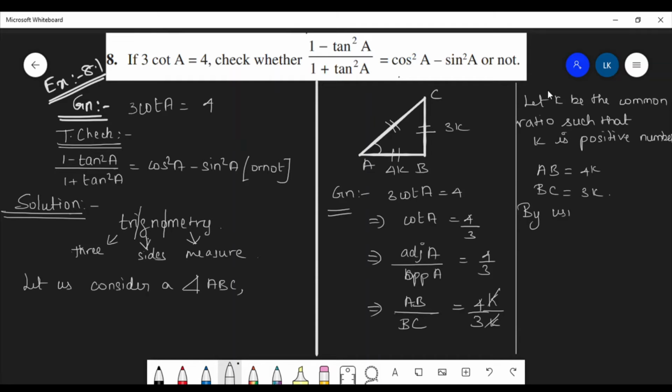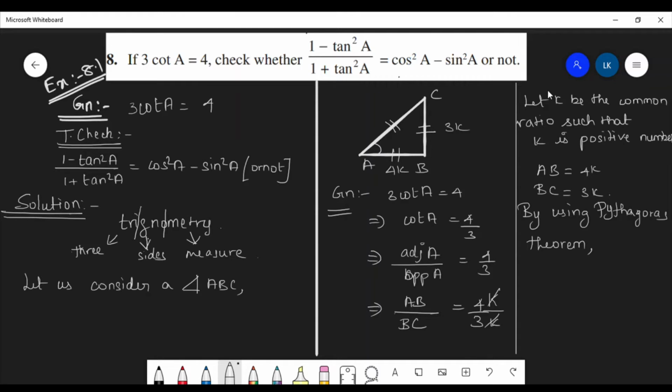In every problem in this exercise we are going to use the Pythagoras theorem only. So remember, hypotenuse square is equal to perpendicular side square plus base square.